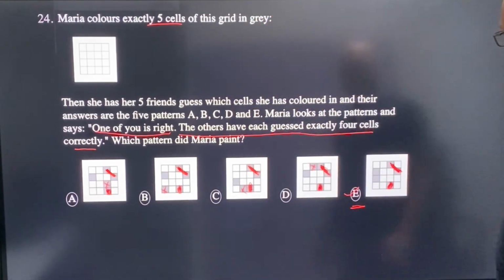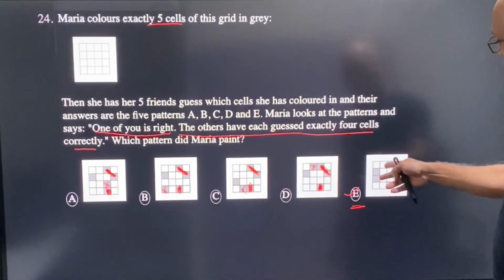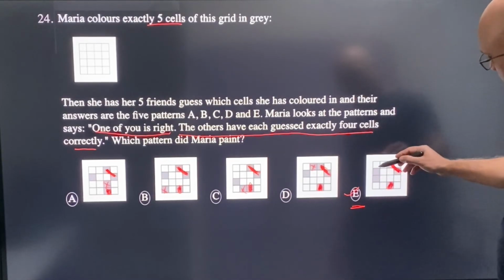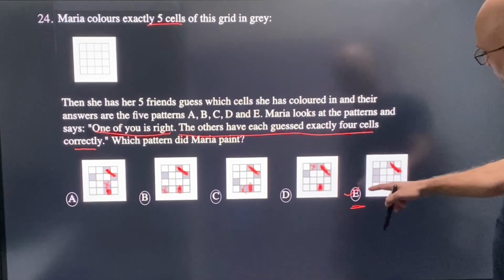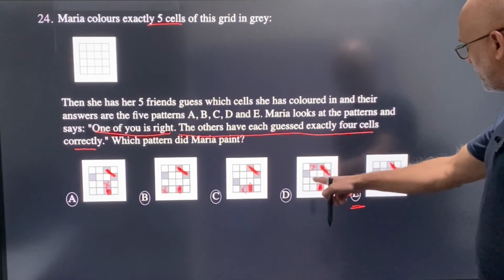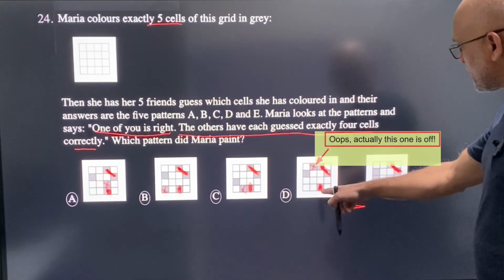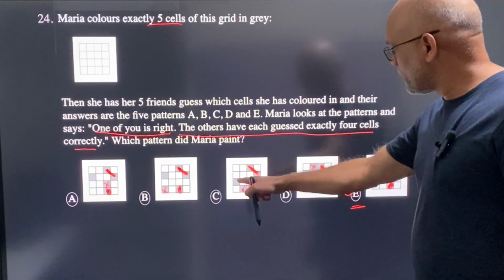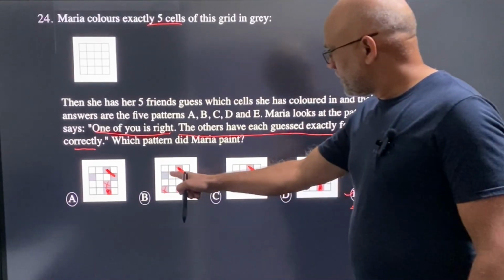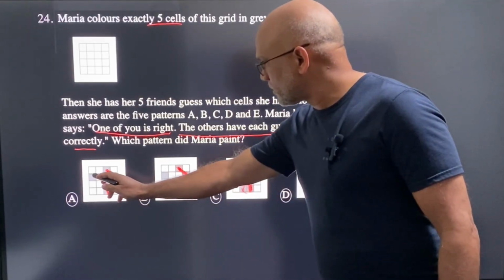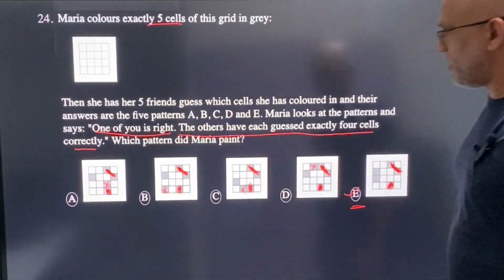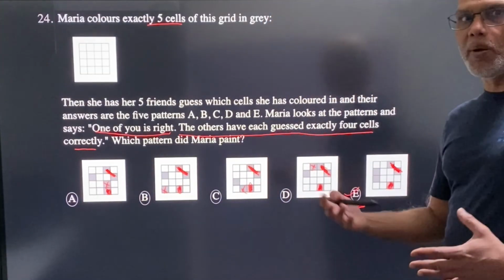Then what is remaining is just to check 2 cells. So if I just compare with these 2 cells, if I assume this to be right, here this is on the right position, this is off, this is on the right position, this is off, this is on the right position, this is off, this is on the right position, and this is off, right? Just to make the job a little bit easier.